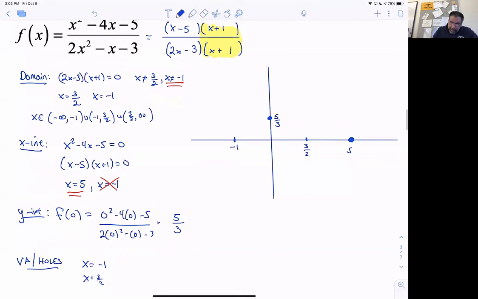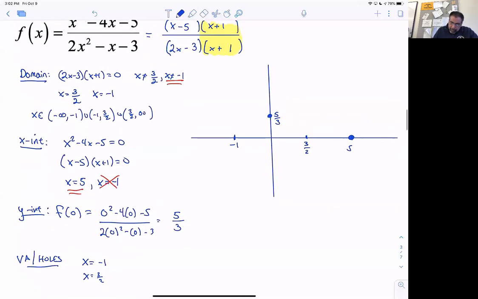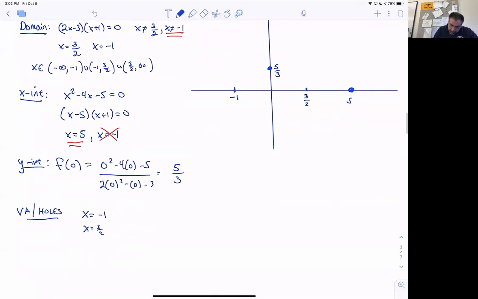We're going to go back up here, and I want to work with the simplified version. So the simplified version of this is x minus 5 over 2x minus 3. So working with that, I am now going to plug in the domain problems.